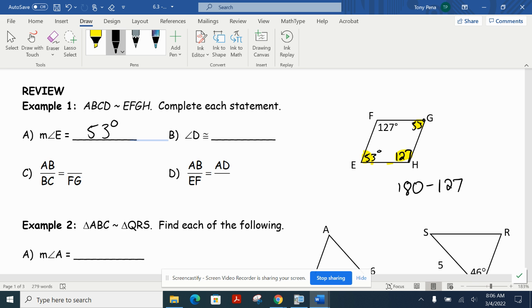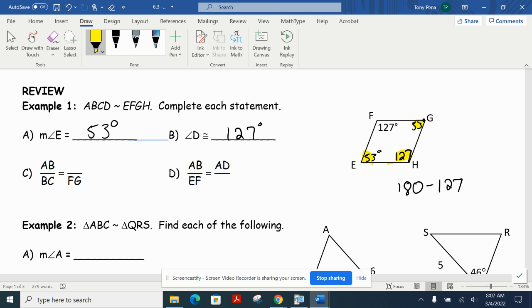All right, what do we think? What should angle D be here? Any thoughts? Nora? Good. How'd you know that, Nora? Good.